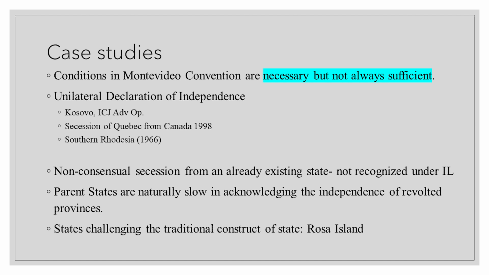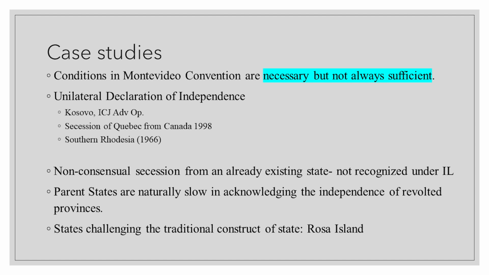And these newly formed states in non-consensual secession are usually not created through a very peaceful process. They are usually born out of separatist or rebellious movements. So parent states are not usually happy to recognize such states as a new state.